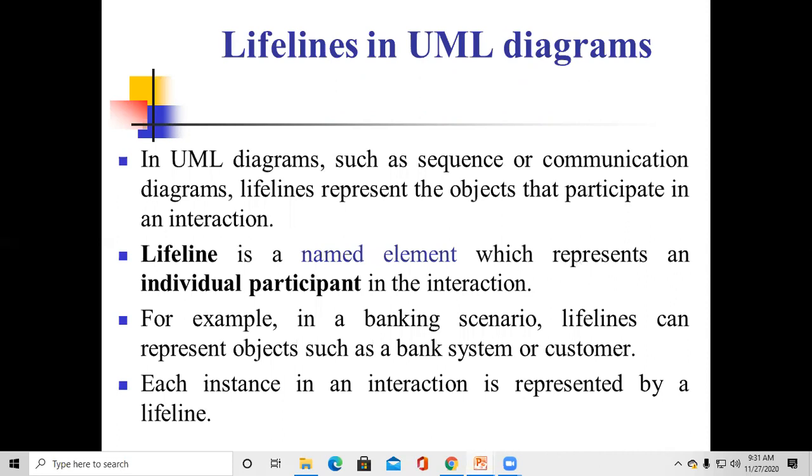Then lifeline in UML diagrams. In interaction diagrams such as sequence or communication diagrams, where communication means collaboration diagrams, previously known as collaboration and now known as communication diagrams, the lifeline represents the objects that participate in interactions. We have seen the lifeline here.